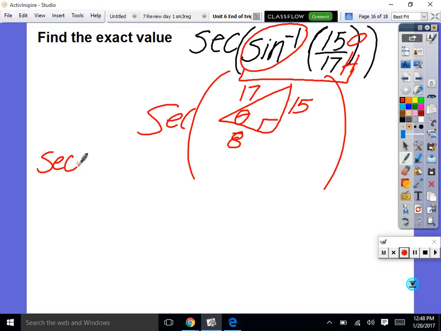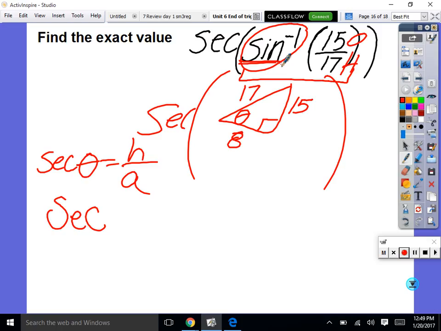Sine inverse means the angle has this sine value. That's what inverse sine means, right? I feel like you didn't learn anything this unit. I'm sad because I feel like I taught you this. Secant is what ratio? Secant is the reciprocal of cosine. Cosine is adjacent over hypotenuse, right?